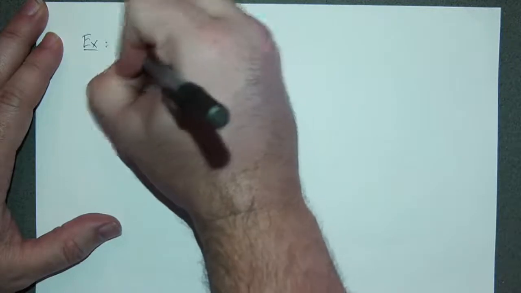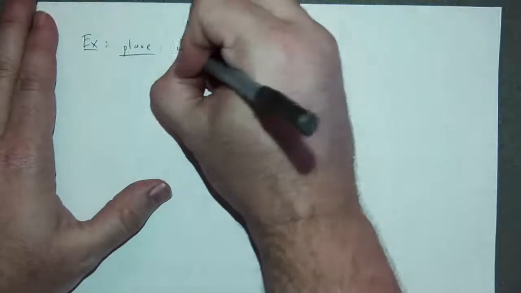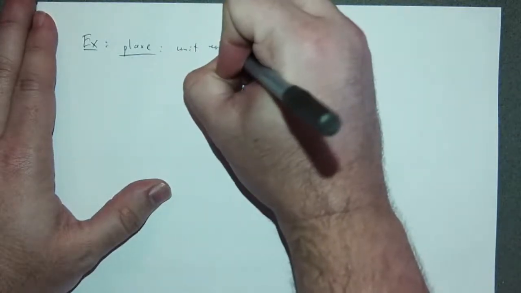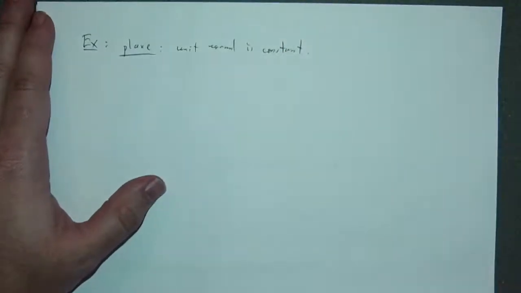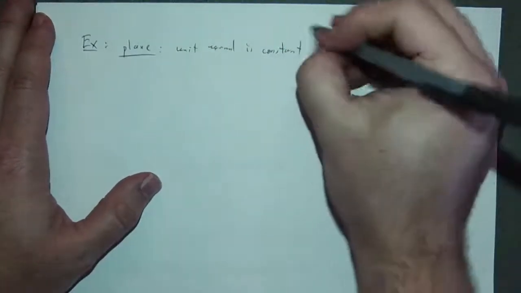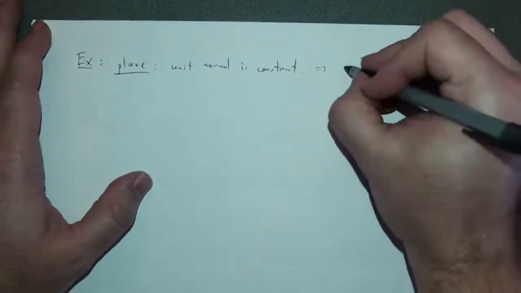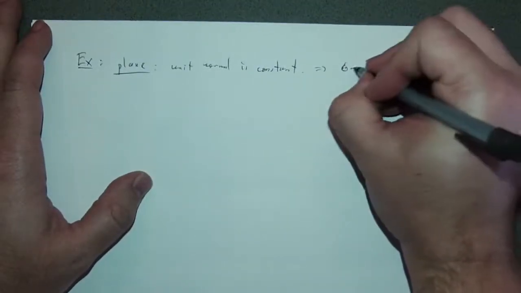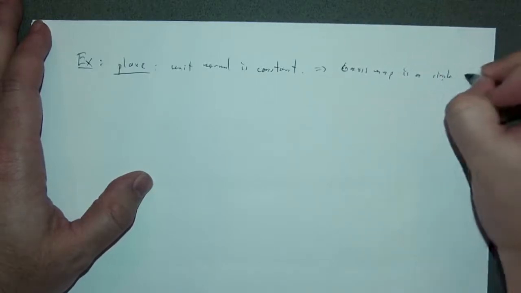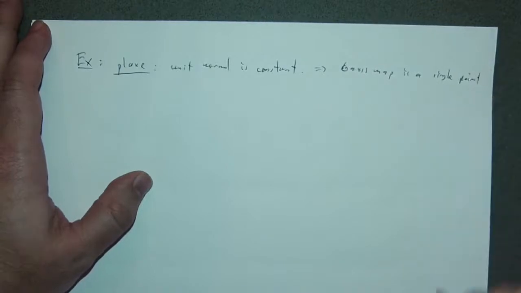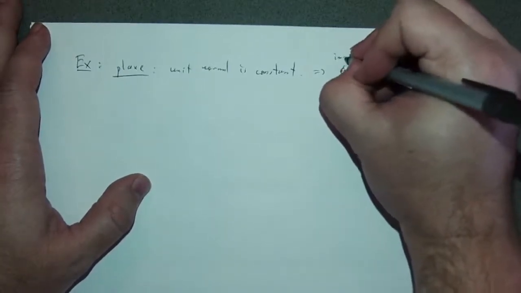So for instance, let's do a couple of examples of this. Let's revisit the surfaces of revolution that we did previously. So let's do plane. Well, what do we know? Unit normal is constant. So the unit normal to the plane is constant. What does that mean? It means the image of Gauss map is a single point.